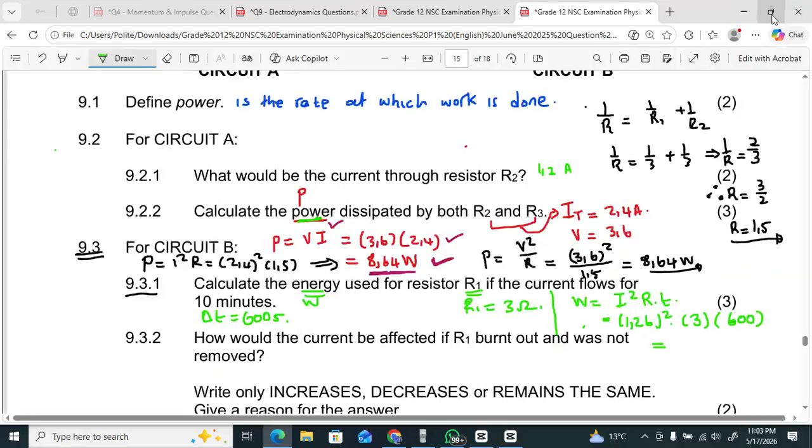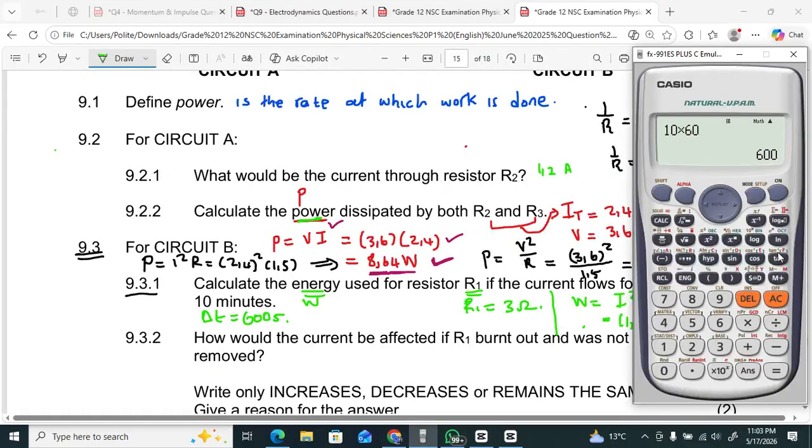Let me see what that gives us. 1.26 squared multiplied by 3, and then multiplied by 600. This is going to give us a very big number.